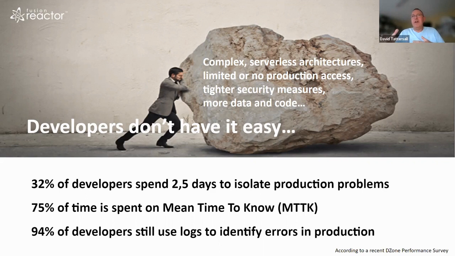Once you know what the problem is, you can usually fix it and deploy it quickly. But the majority of time is spent on mean time to know, and that's the area FusionReactor addresses. That's why we can really shorten the whole end-to-end time of identifying a problem, fixing it, and deploying it. That's the total time, and that's what we focus on reducing.